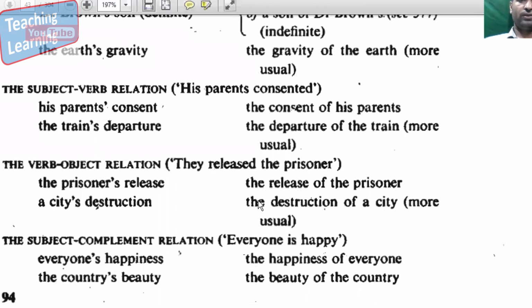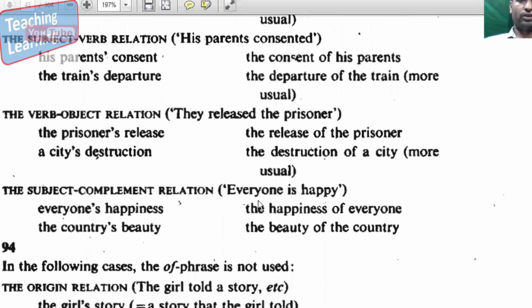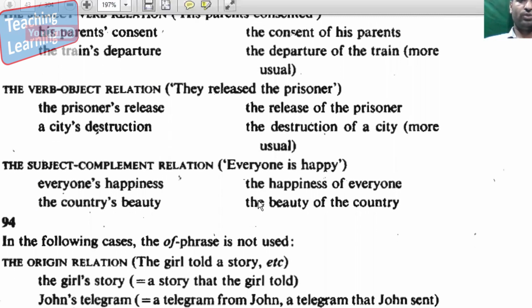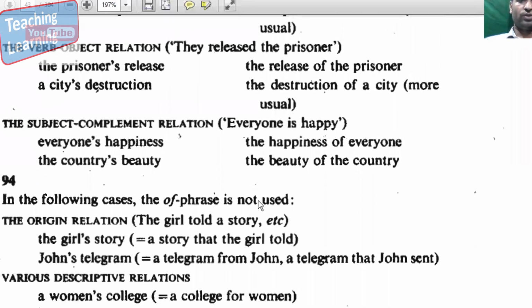Subject-verb relation, object relation. Its parents' consent, the friend's departure, the prisoner's release, a city's destruction. Subject, verb, object, subject complement. Everyone's happiness, the country's beauty. So in this way, the origin relation.